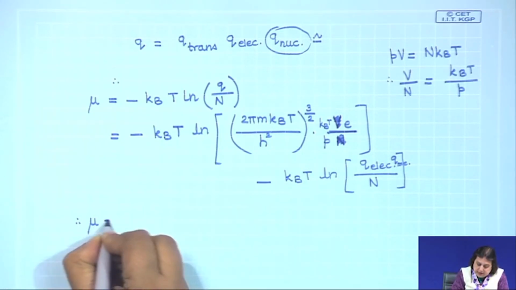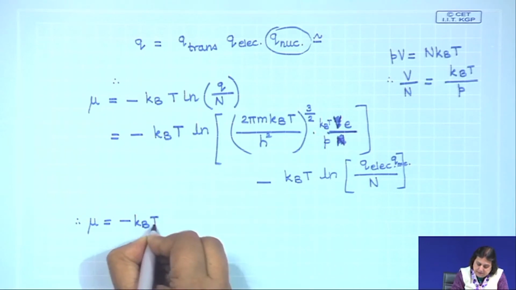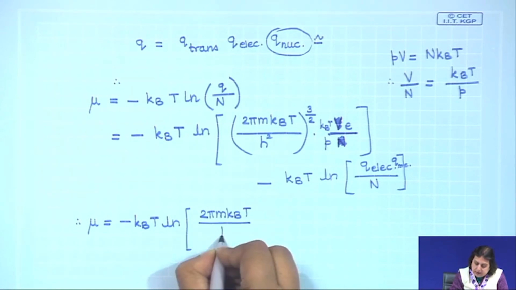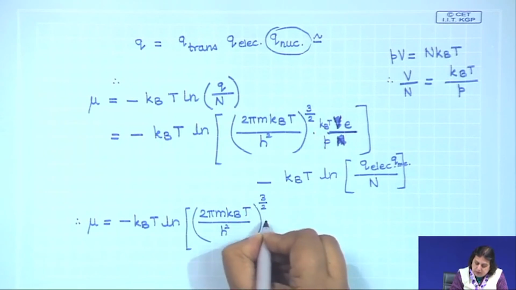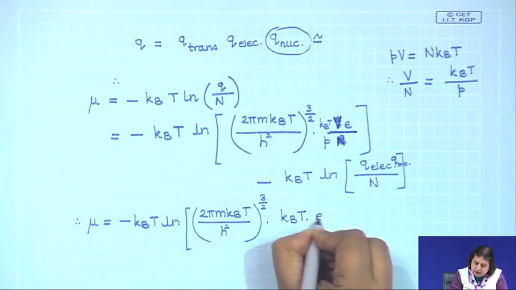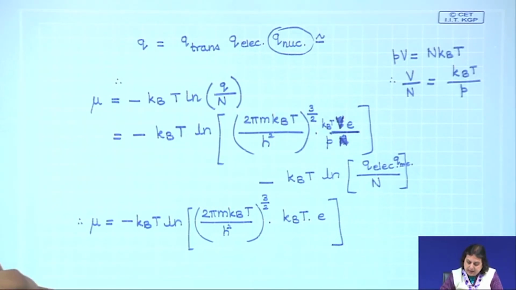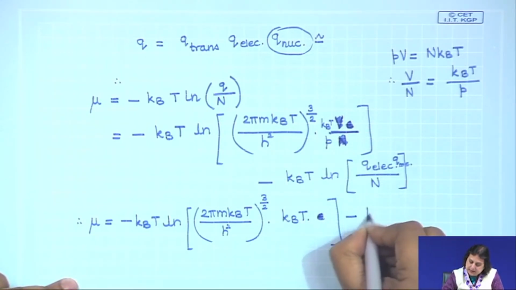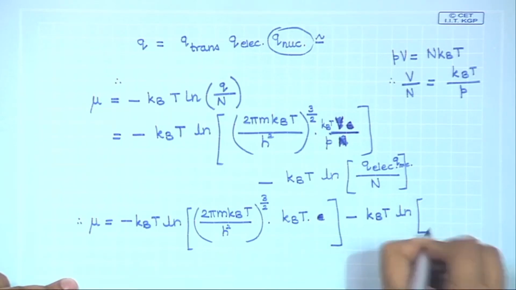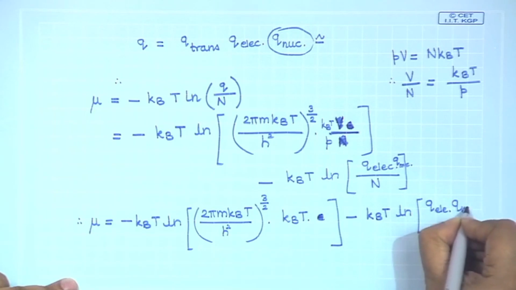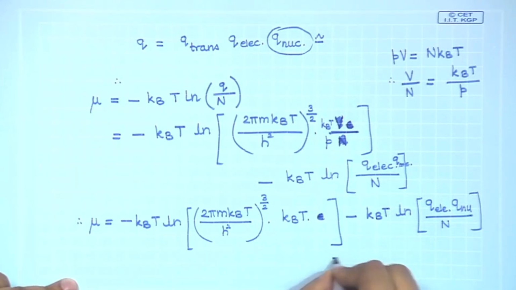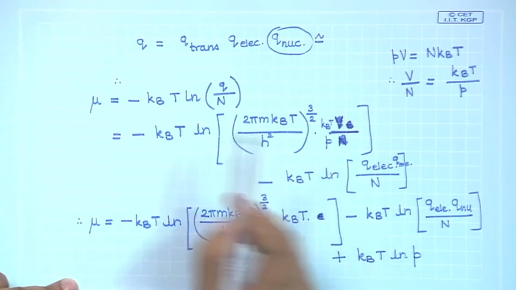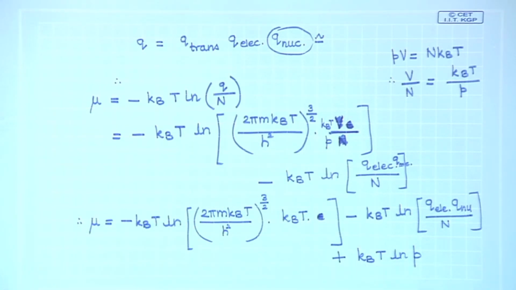So now mu is written as minus kBT ln 2 pi m kT by h square to the power of 3 by 2 into kBT, and this e will not be there because I am writing small q, and then minus kBT ln Q electronic into Q nuclear by N, then plus kBT ln P. Because I had P here in the denominator, there was a negative sign here. So that gives me plus kBT ln P.